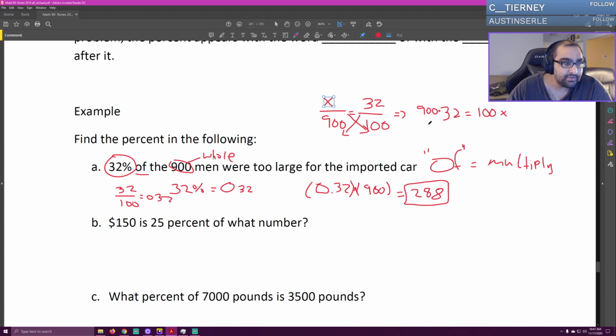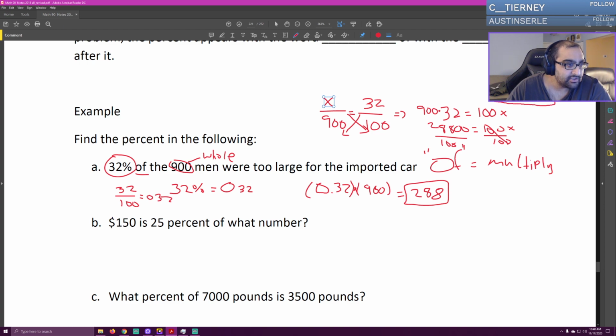Now if I do 900 times 32, I get 28,800, which equals 100x. Then divide by 100 on both sides. And so here we get, again, our same answer of 288.